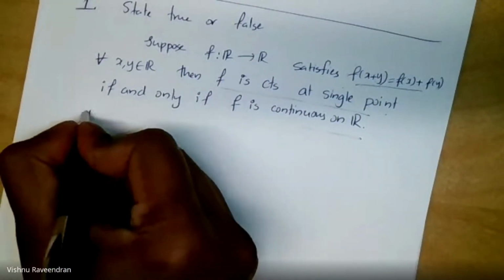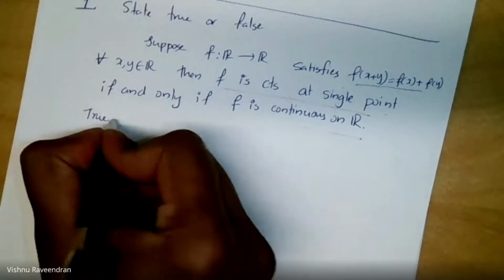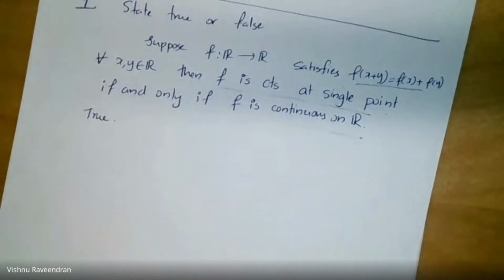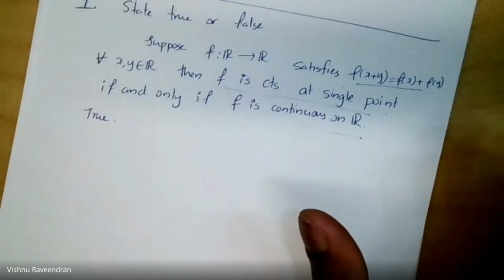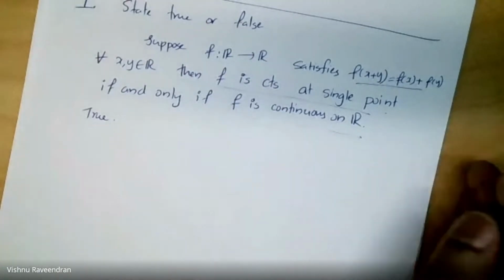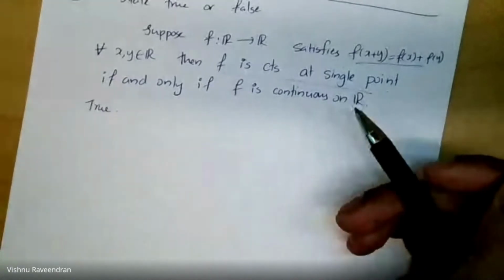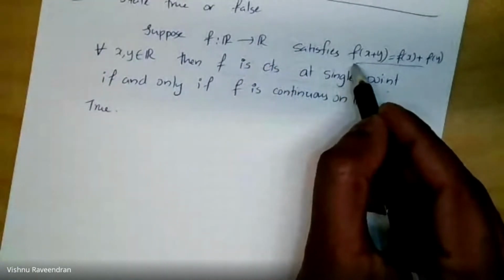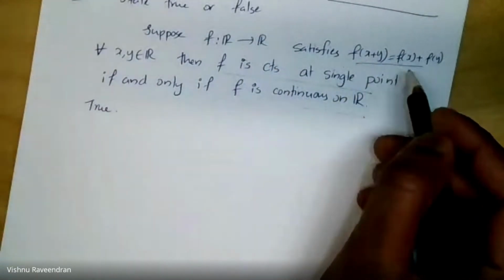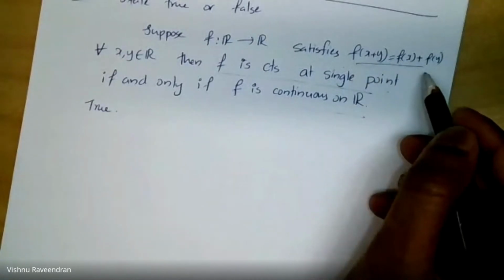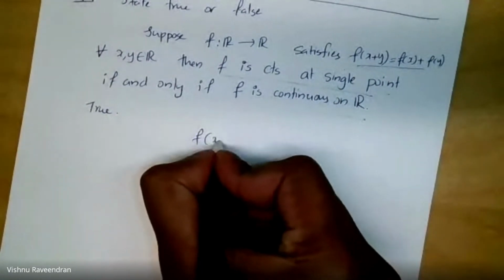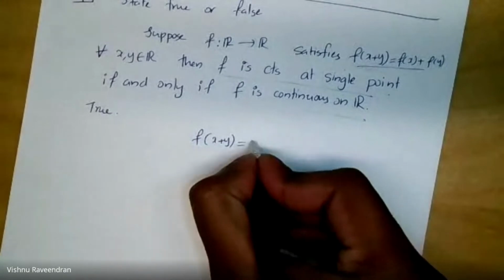True. So what would be the reasoning why it can be true? If you get any problem, what you need to do is just try to write all the information which is given here.